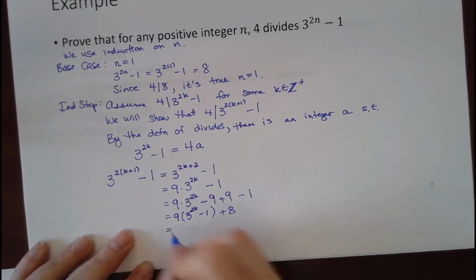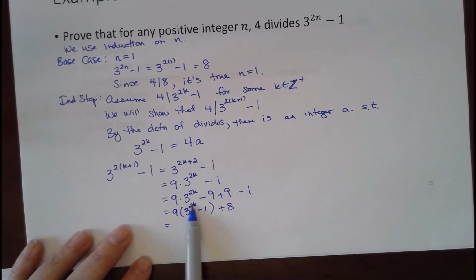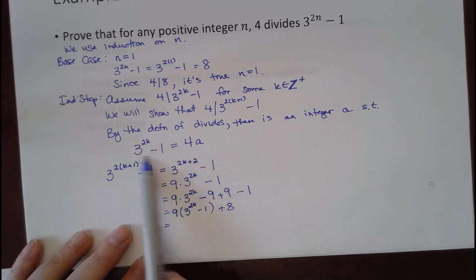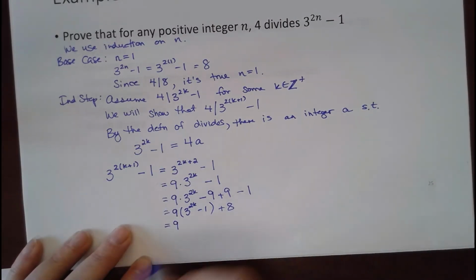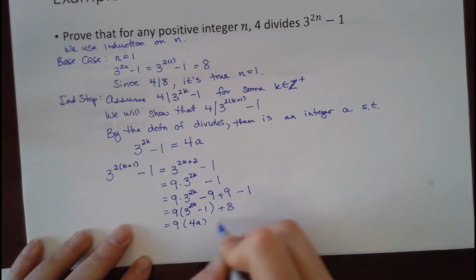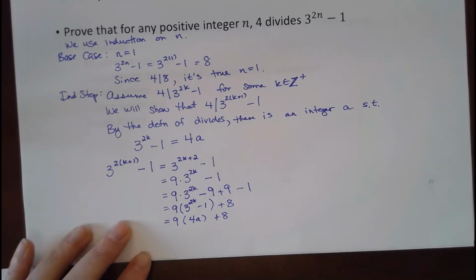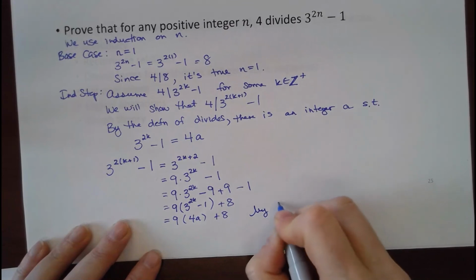So now that I have this 3 to the 2k minus 1, I can use my inductive hypothesis and say, well, 3 to the 2k minus 1, I can just replace that with 4a. So I'm going to take that and just replace that with 4a. And there's my inductive hypothesis.